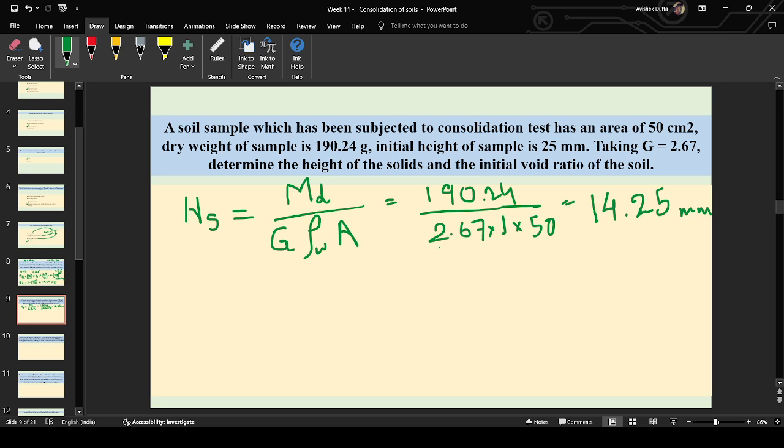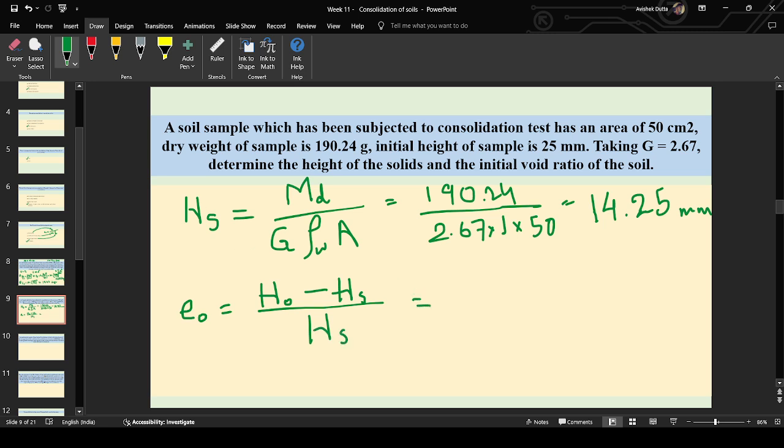Now finding out the void ratio using the height of soil solids method. e0 equals, what is the formula using the height of soil solids? H minus Hs by Hs. So I'll take H initial as H0, minus Hs, divided by Hs. So Hs is this.